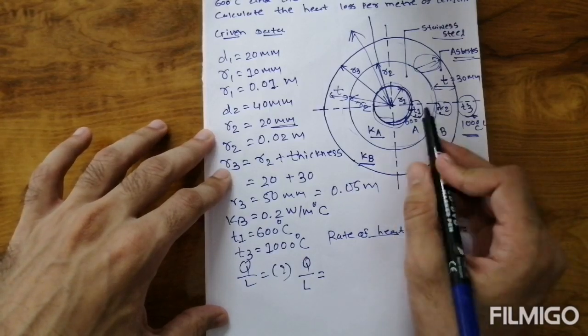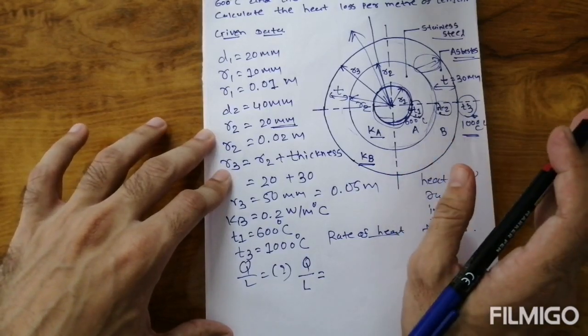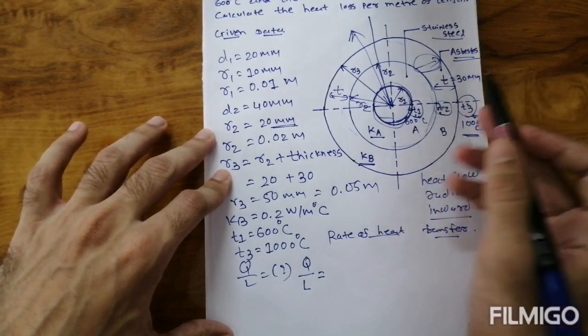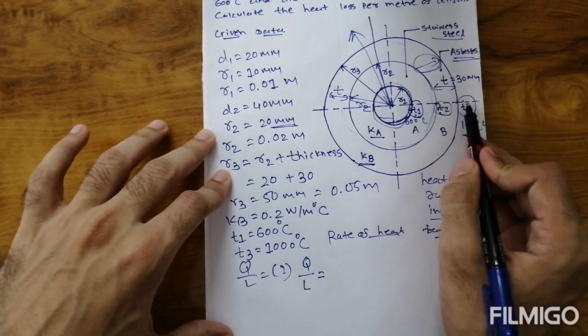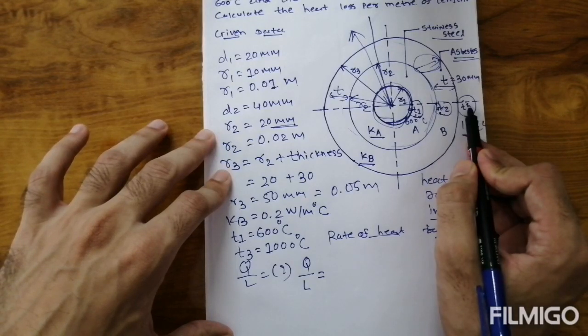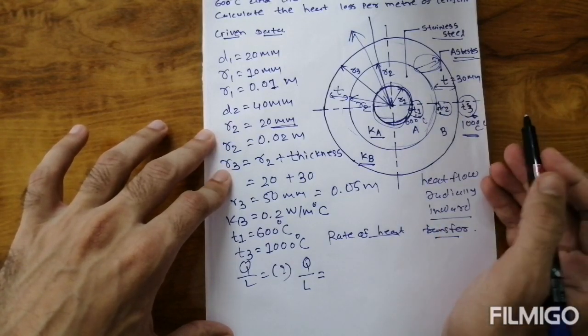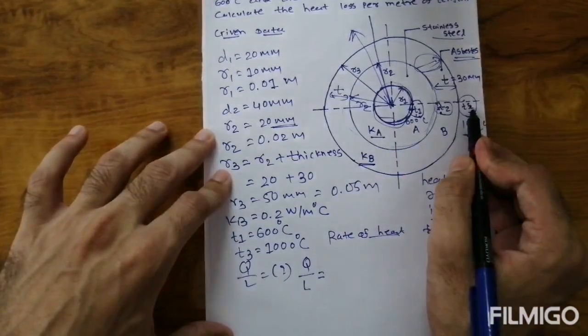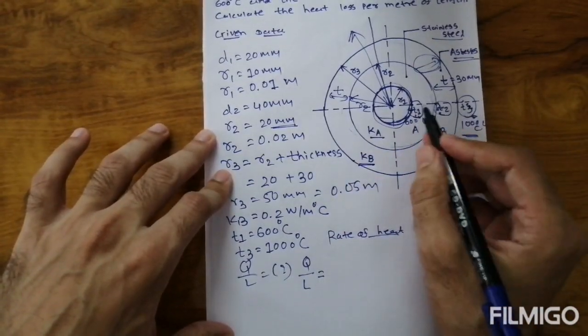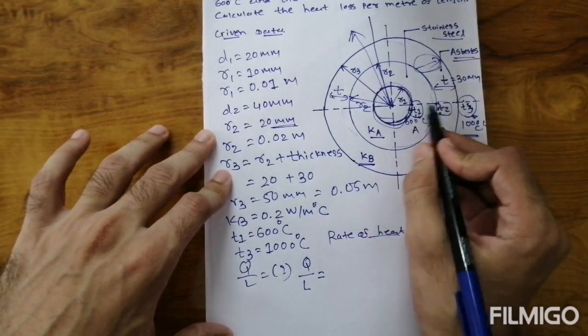Then heat transfer by the asbestos from T2 to T3 will be considered, another equation for Q by L. And then we consider the composite, meaning the whole, from T1 directly to T3. So first we write down the equation for the individual layers.